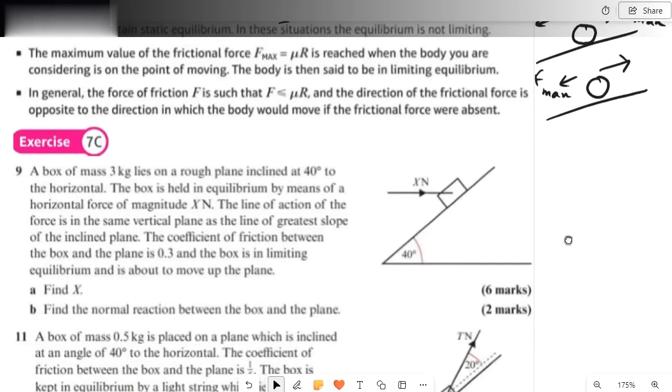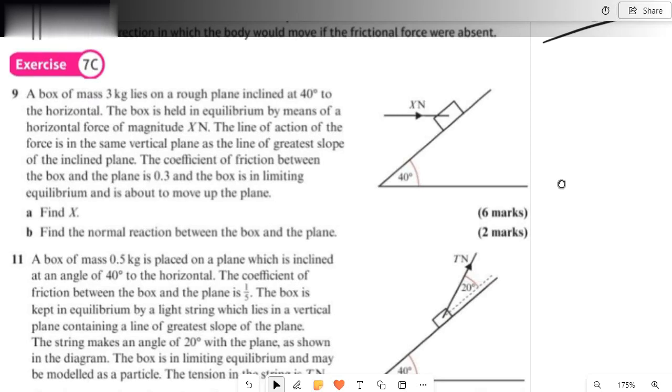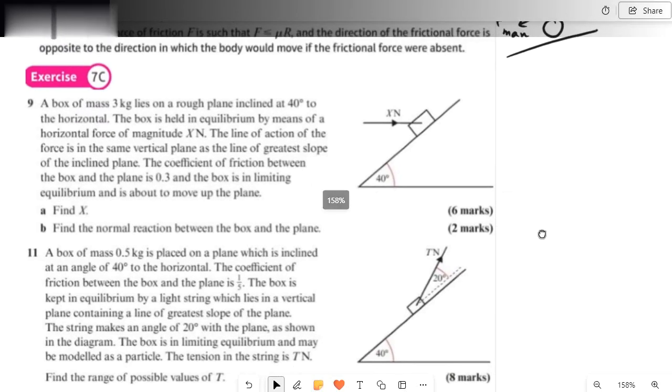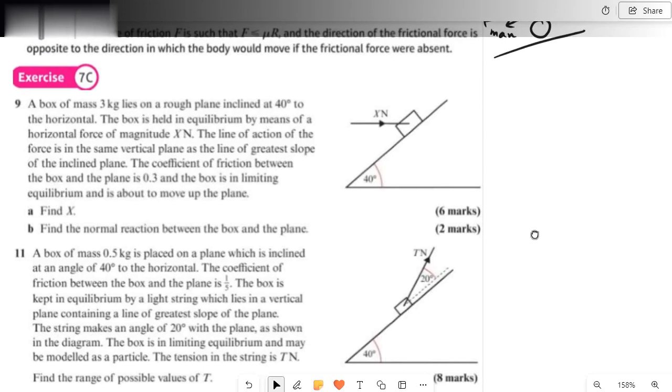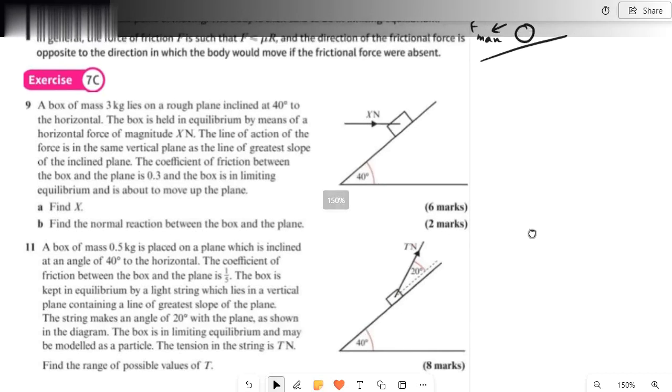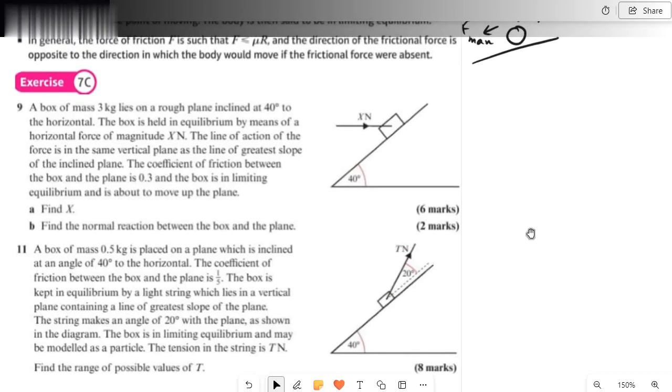So let's do some example questions from exercise 7C from the M1 book again. Number 9 says that a box of mass 3 kg lies on a rough plane inclined at 40 degrees to the horizontal. The box is held in equilibrium by means of a horizontal force x newtons.